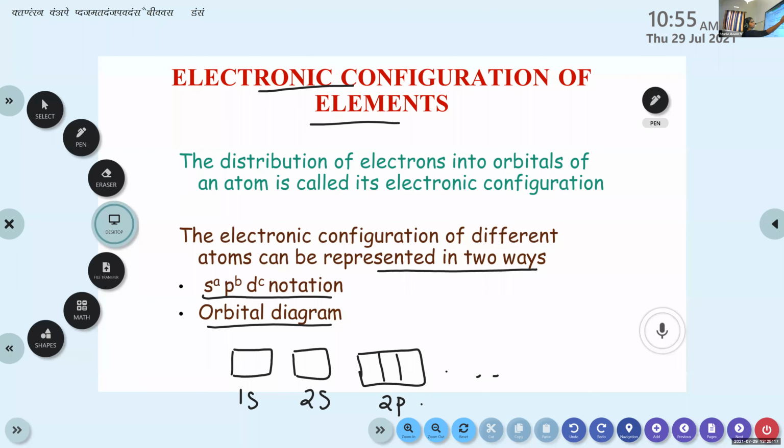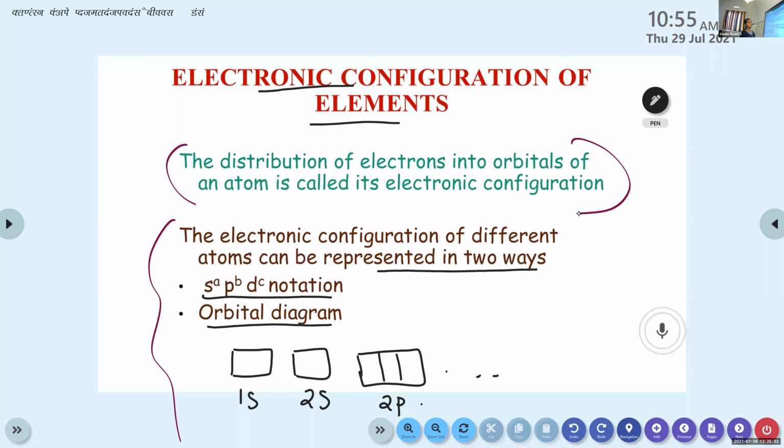This one is already written. Finish, right? Yes. So we are going to write the electronic configuration.